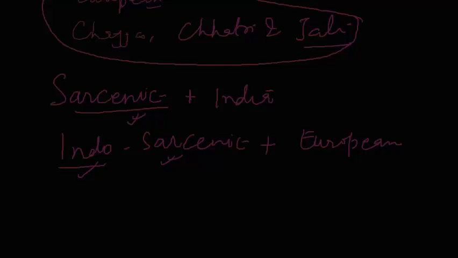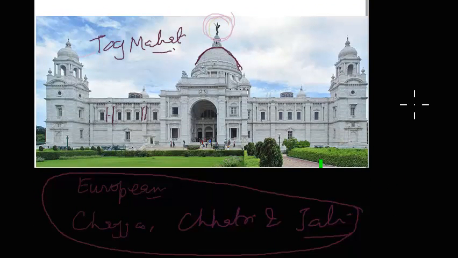So in the Victoria Memorial, we find the Indo-Saracenic, in which the fusion of all these three is there. On the European side, we find the Venetian and the Deccan also. It was made from 1906 to 1921, perhaps, in memory of Victoria, who died in 1901.